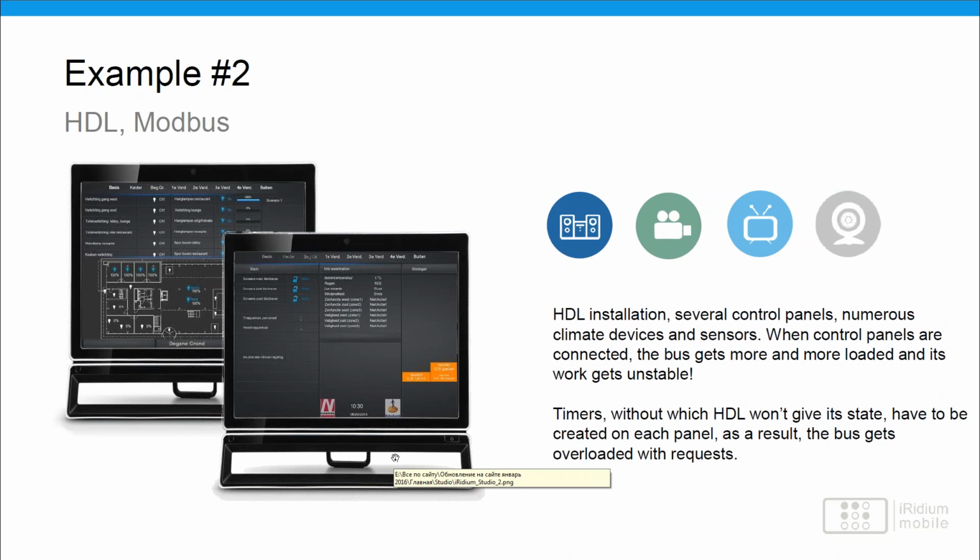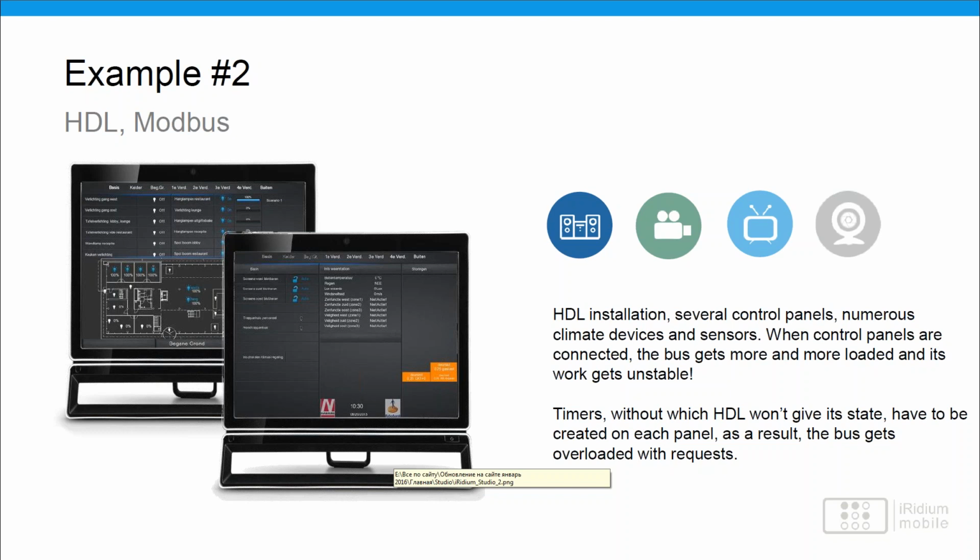The next example is actual for TTL, Modbus and some other systems that need requests to get the status of equipment. For example, in HDL, you have to send a read request to receive the status of a closure contact, of a temperature sensor, or something else.